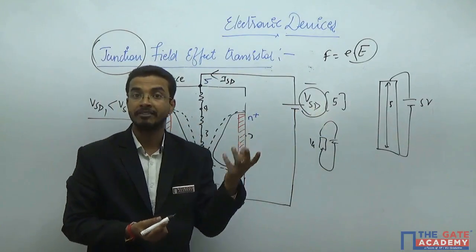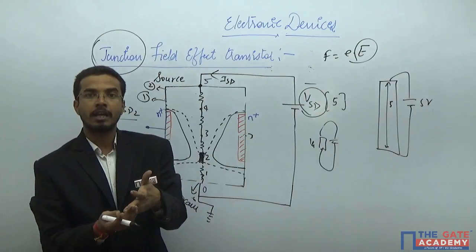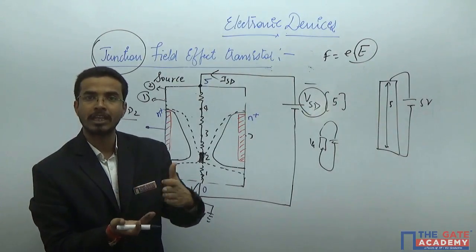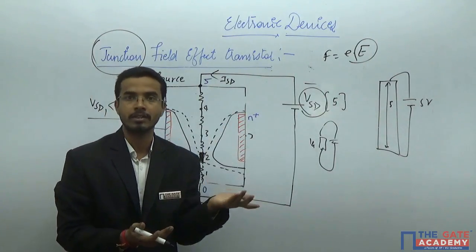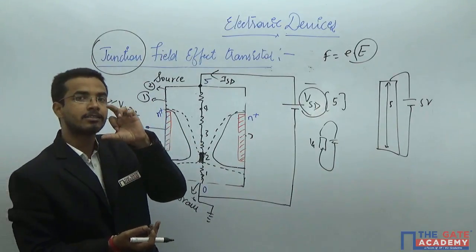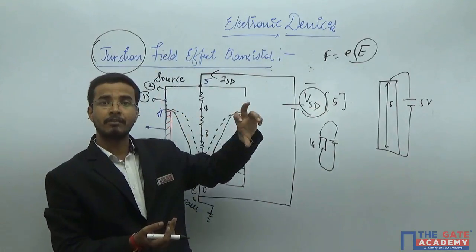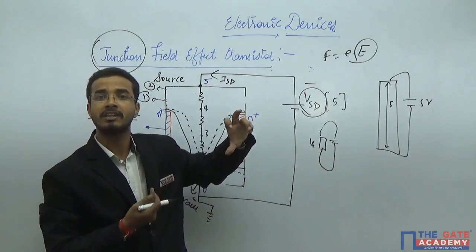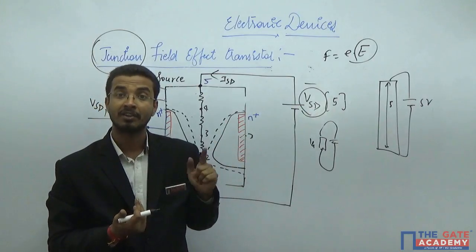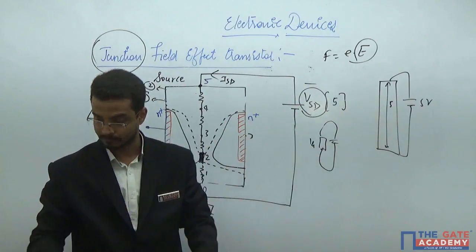And whenever you are having this type of characteristic, where you are able to change the voltage but not the current, or in other words, if the current is getting maintained in the device irrespective of the voltage, that will act as a constant current source.